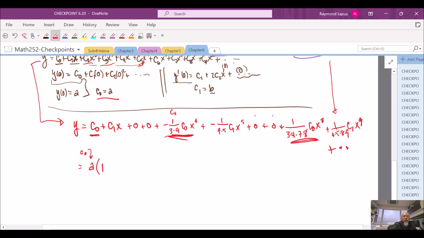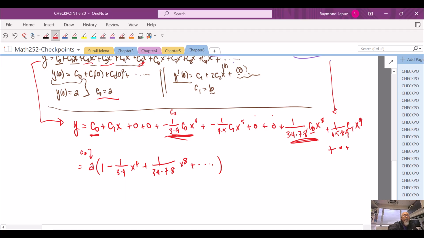I'm going to get minus 1 over 3 times 4, x to the 4th. And I'm going to get positive 1 over 3 times 4 times 7 times 8 times x to the 8th. So I factored out a c sub 0, which is actually a, and I'll put dot, dot, dot here. So all those terms are the terms of the c sub 0.